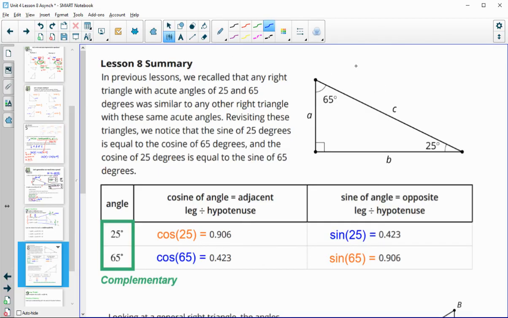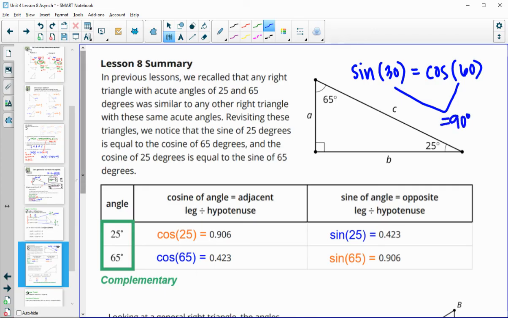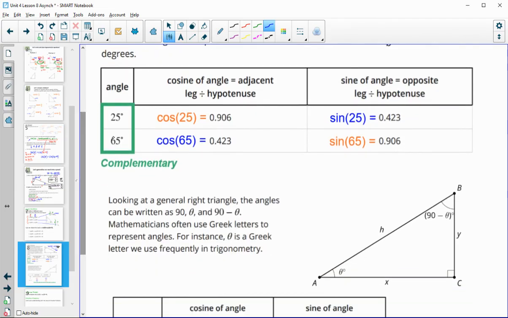If I asked what the sine of 30 equals, the sine of 30 is going to be equal to the cosine of 60 because these add up to 90. So if your angles are complementary, the sine of one equals the cosine of the other.